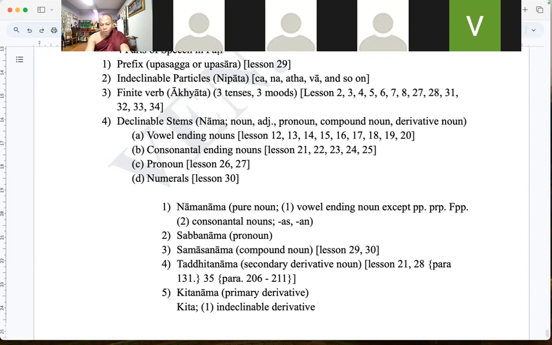So, for example, like the gerund, and then the infinitive. Yeah, gerund and infinitive.